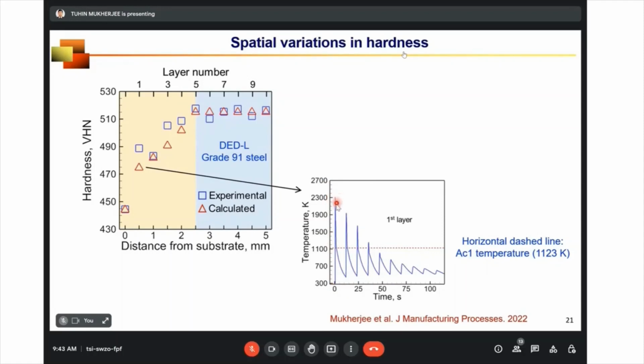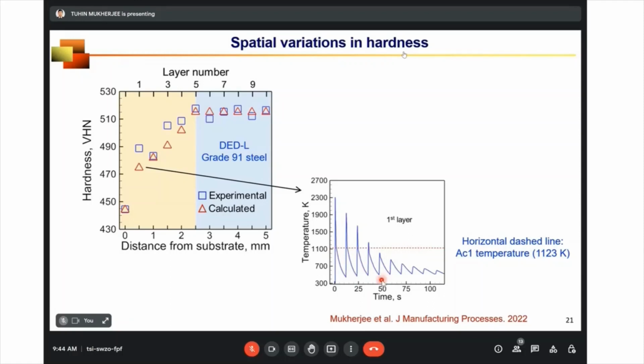It melts and then it rapidly solidifies and cools down. During that process, it forms martensite. But the same martensite transforms to austenite again because the temperature goes above the AC1 temperature. And then it forms martensite again, austenite again, martensite again. But after some time, you can see that the temperature of that location does not go beyond the AC1 temperature.